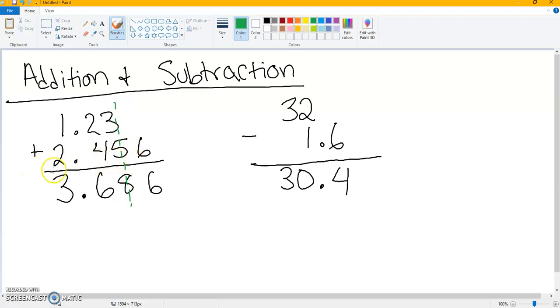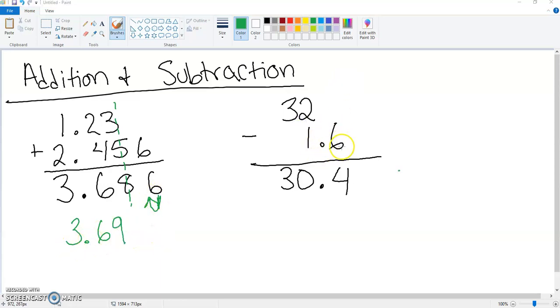In this case, they both have ones, tenths, and hundredths, but they don't both have the thousandths place. So I am going to report this number as 3.67 because this digit is above 5, so I'm going to round up, and that's actually 3.69. Sorry about that. So 3.69.